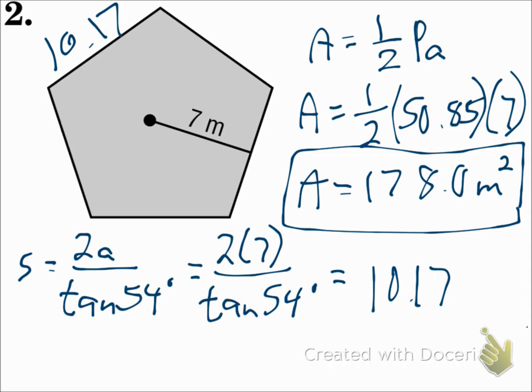So when you know the apothem, use your apothem chart to find one of the side lengths, 2a over tangent 54 degrees. Since there's 5 sides, multiply the side length by 5 to get the perimeter, and use the apothem.